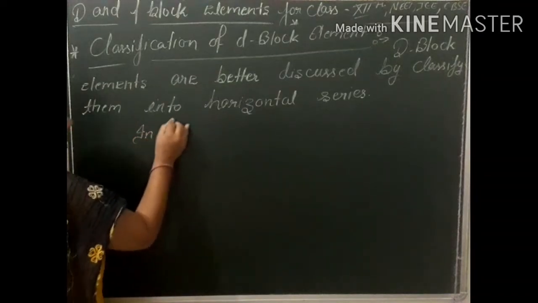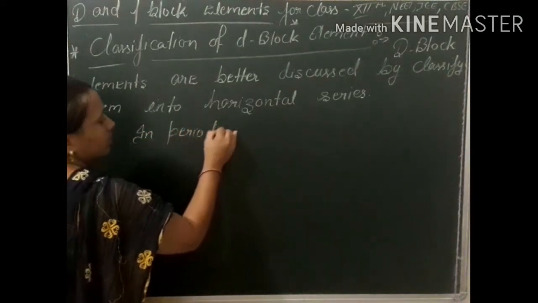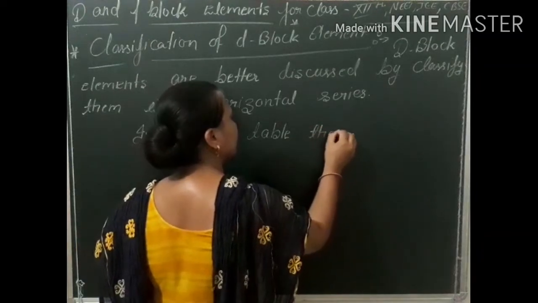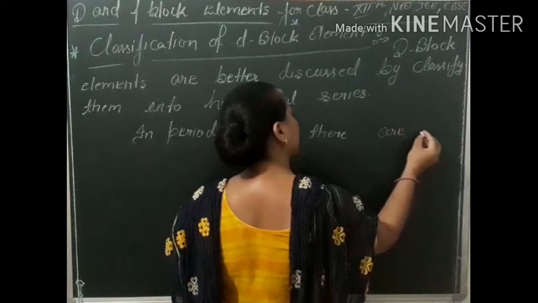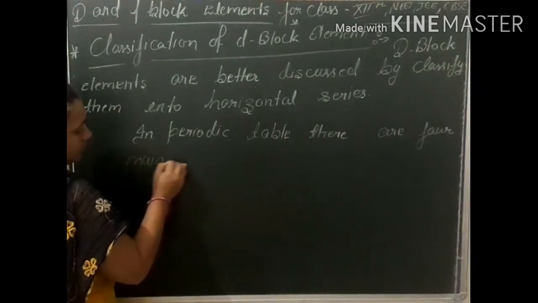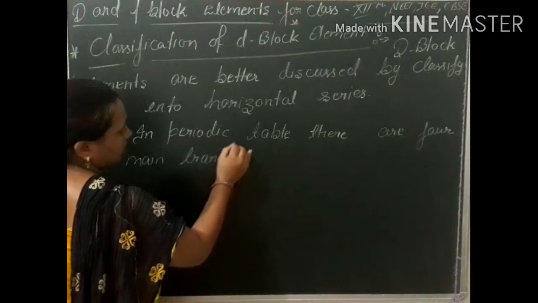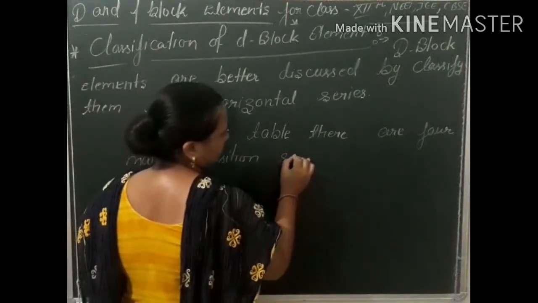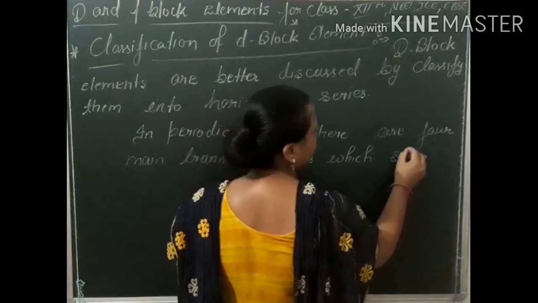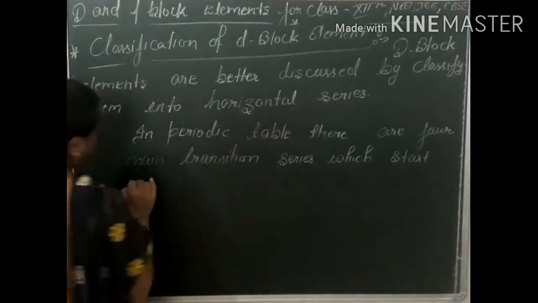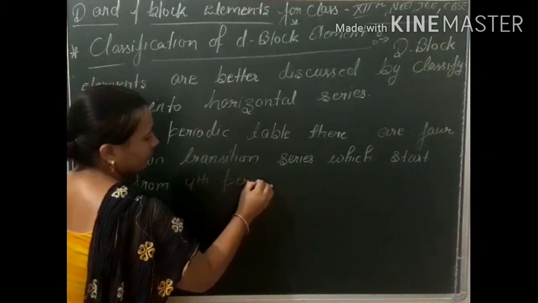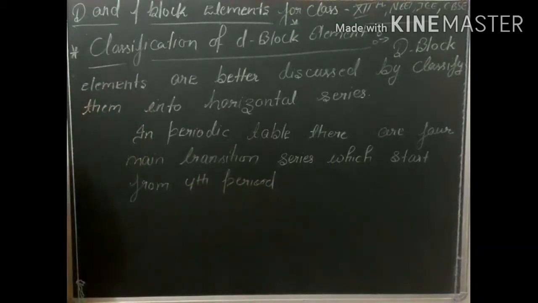In the periodic table there are four main transition series which start from the fourth period.